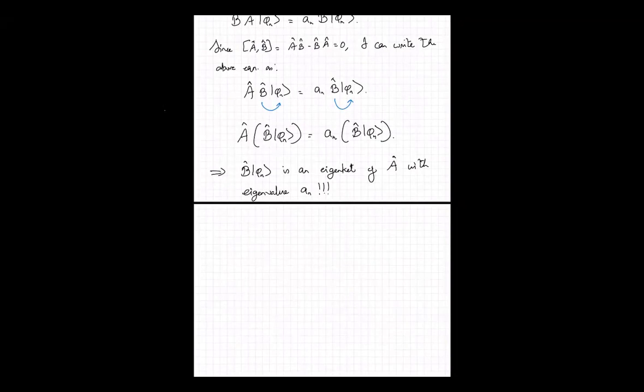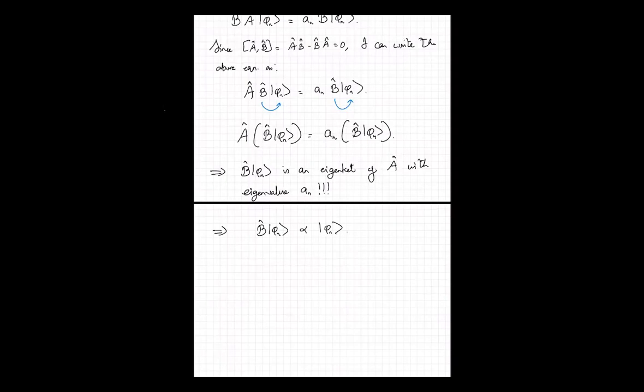So the only way to reconcile both these statements is by claiming that the vector B phi n, which we claim to be an eigenket of A, is not a new eigenket, but it is actually phi n itself. In other words, this implies that B phi n, which is an eigenket of A, has to be proportional to phi n itself. That is the only way in which B phi n can be an eigenket of A, because we know that the eigenkets of A are phi n's.